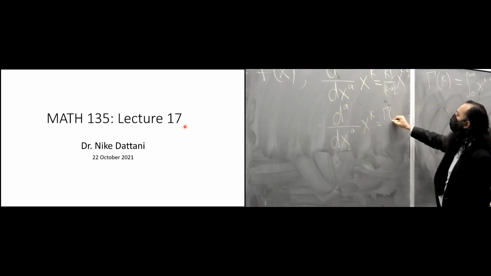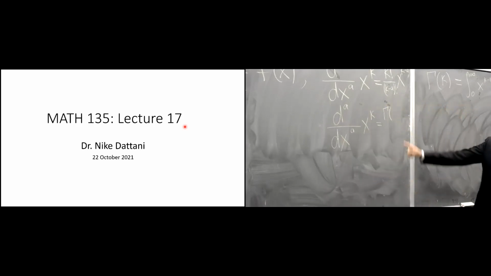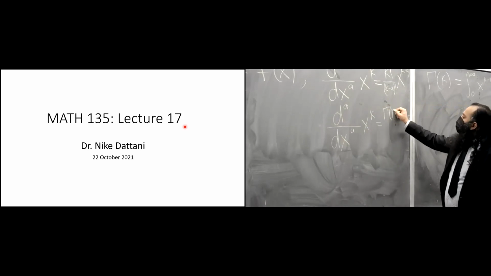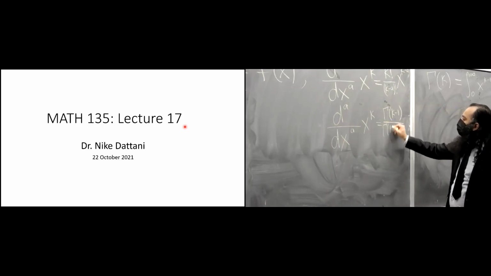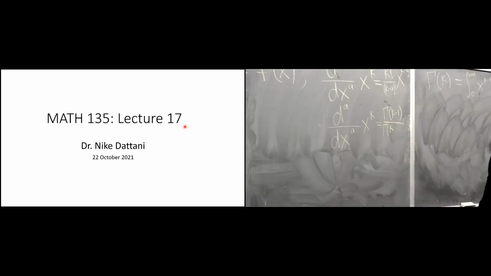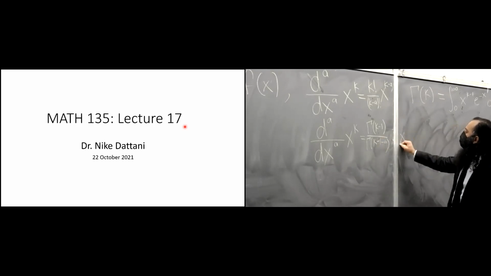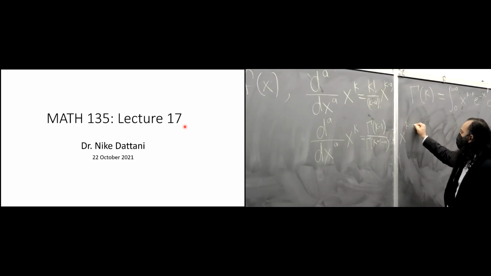What am I going to put here? Gamma of k plus 1, and over here gamma of k plus 1 minus a, times x to the k minus a.